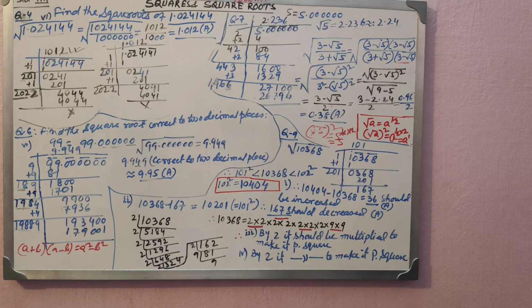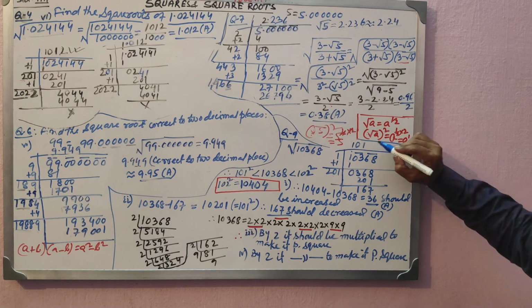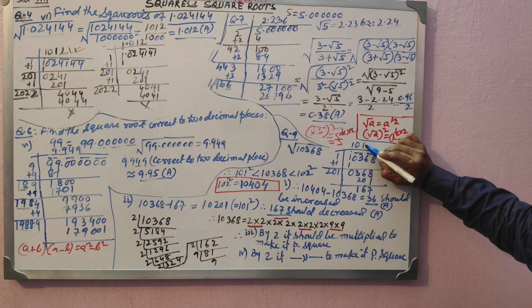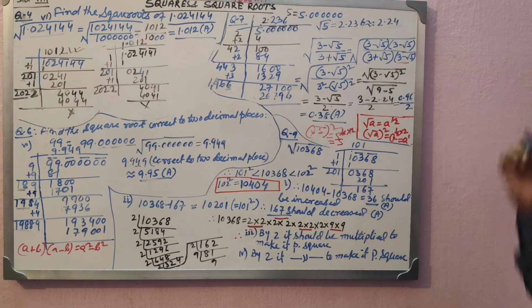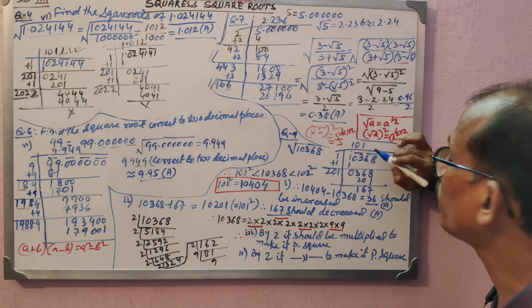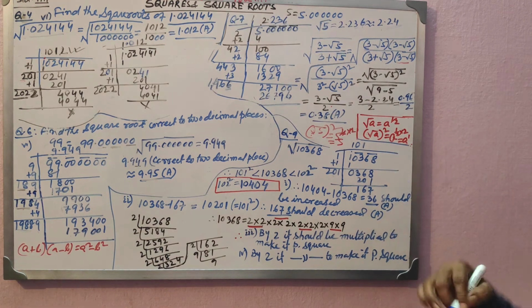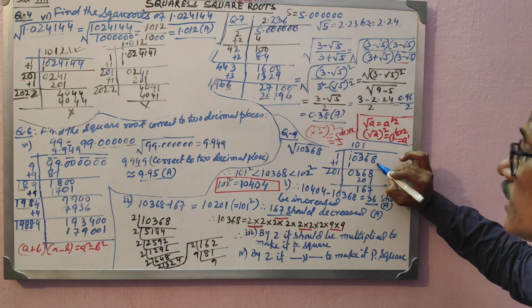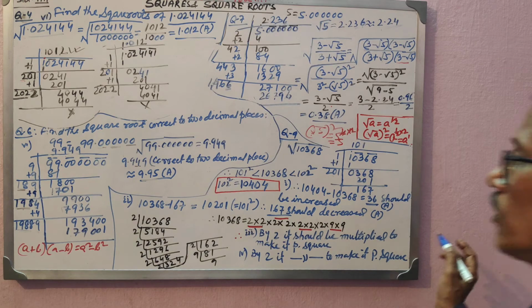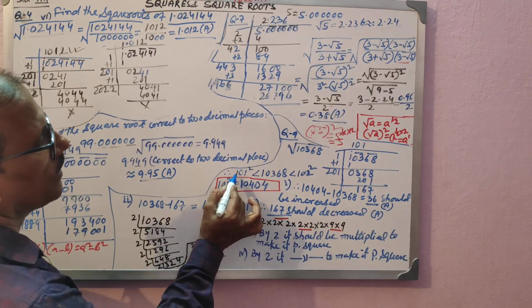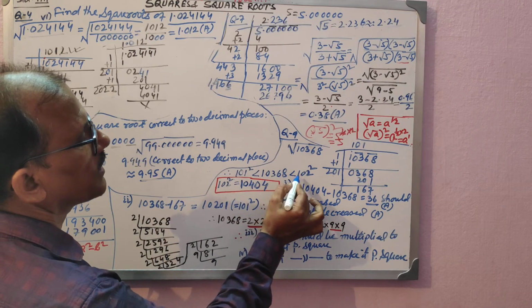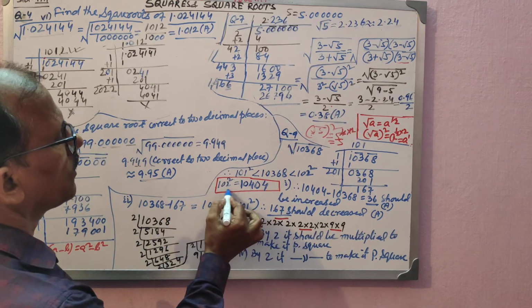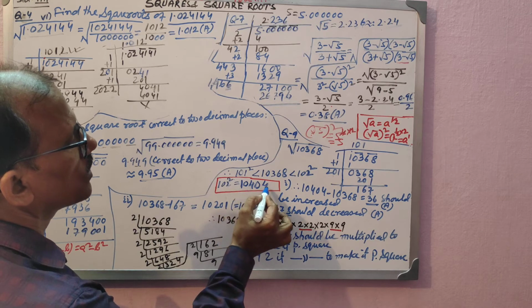How much do you need to increase? For that, you have got 101 as the quotient, so the next number is 102. Find the 102 square value, and from there subtract this number, then you will find how much you need to increase to make this number a perfect square. That is what we have done. What you have written down: 101 squared is less than the number, which is less than 102 squared. 102 squared is equal to 10404.